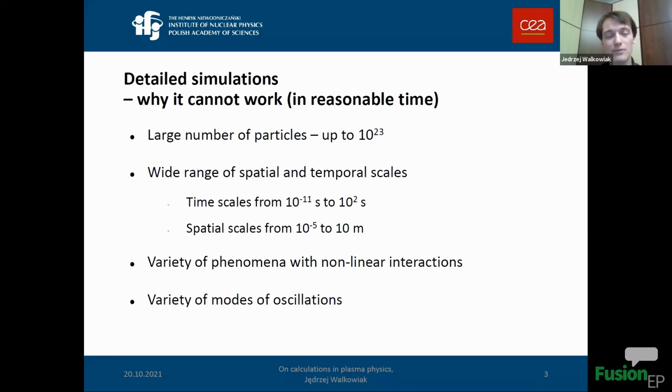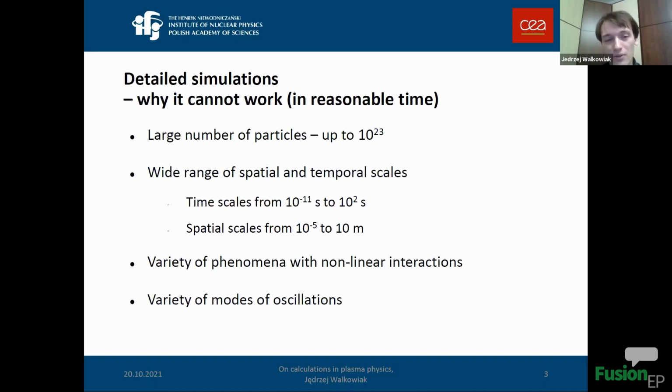So if we would like to make a simulation of plasma, we cannot just take the simplest approach of representing all the forces or all the particles, because we have too many particles in plasma to simulate.